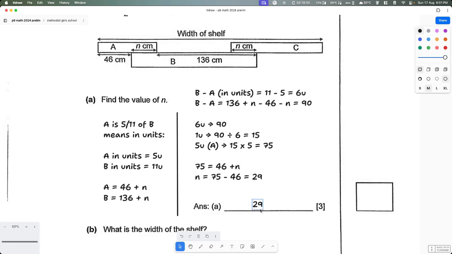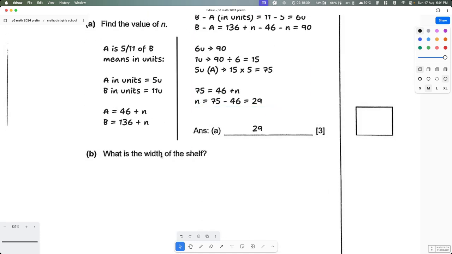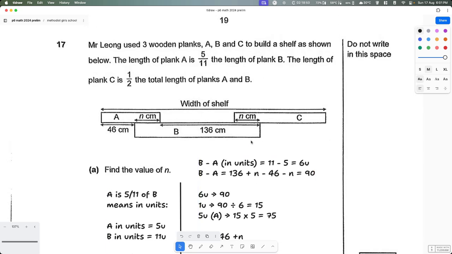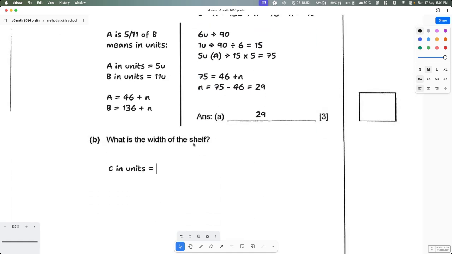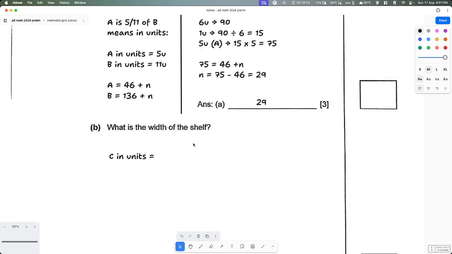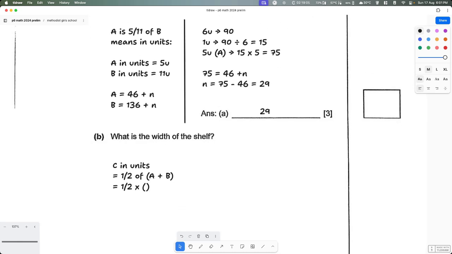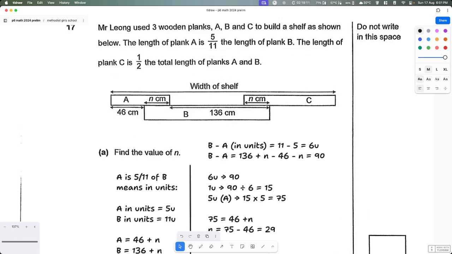So what is the width of the shelf? For this, we want to get C. C in units is equal to half of A plus B, which is equal to half times bracket 5 plus 11. 5 plus 11 is 16, half of which is 8. So 8 units, pretty straightforward.